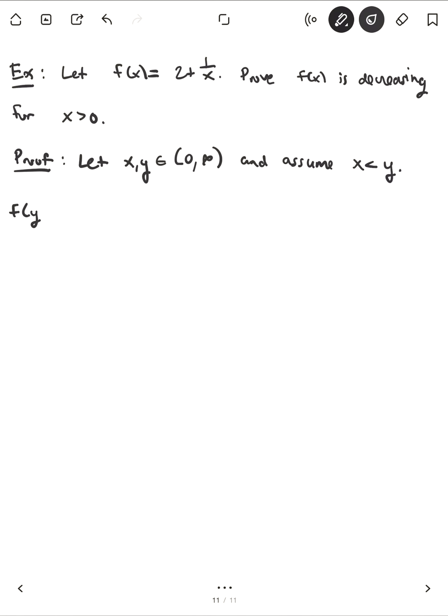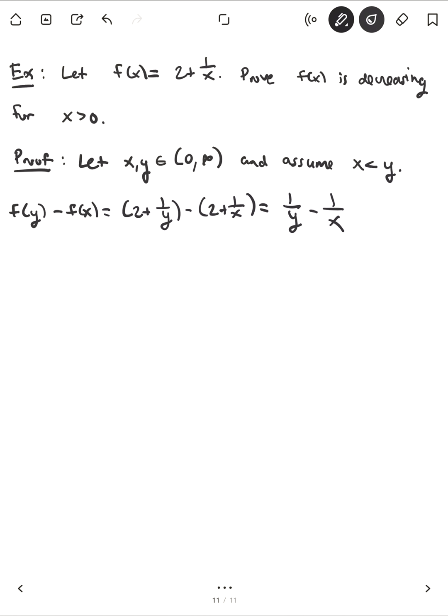f of y minus f of x is equal to 2 plus 1 over y minus 2 plus 1 over x, which is equal to 1 over y minus 1 over x. Okay, so 1 over y minus 1 over x, we need to know if this is positive or negative.